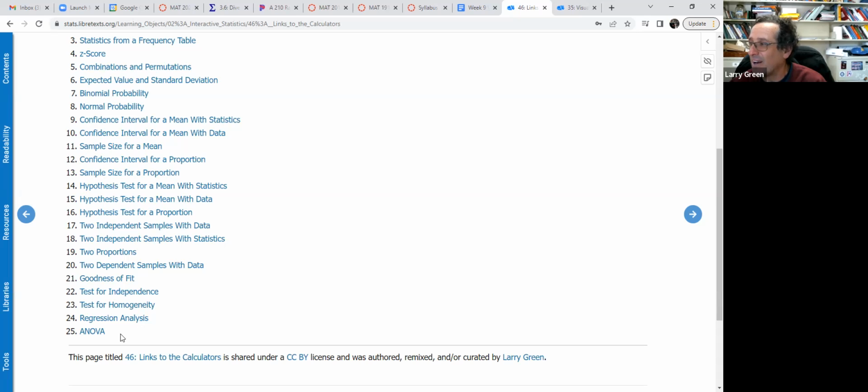Just because we just did these 25 calculators doesn't mean there's not more stuff. In fact, I've done consulting work and I made my own test up. I had math to back it up, so it wasn't like making something up off the top of my head. I was able to write the whole mathematics of it and show that it worked and it was reliable. So there's a lot of different tests in statistics, but we're almost done with what we have to do in our class. So we're going to do the test for homogeneity.